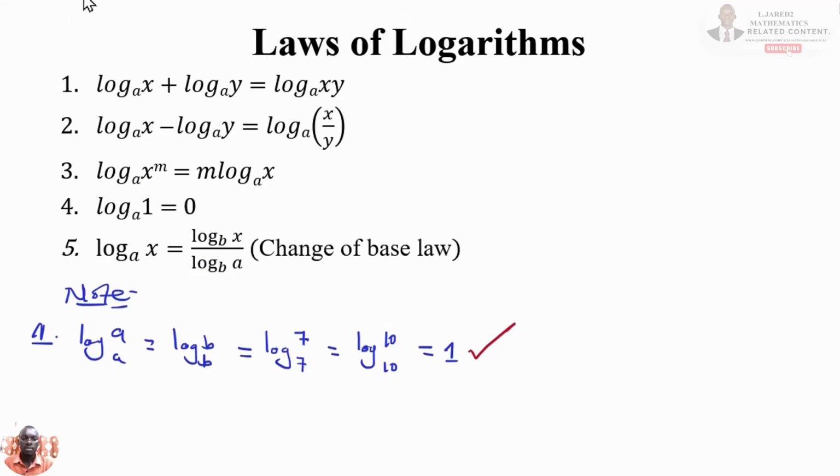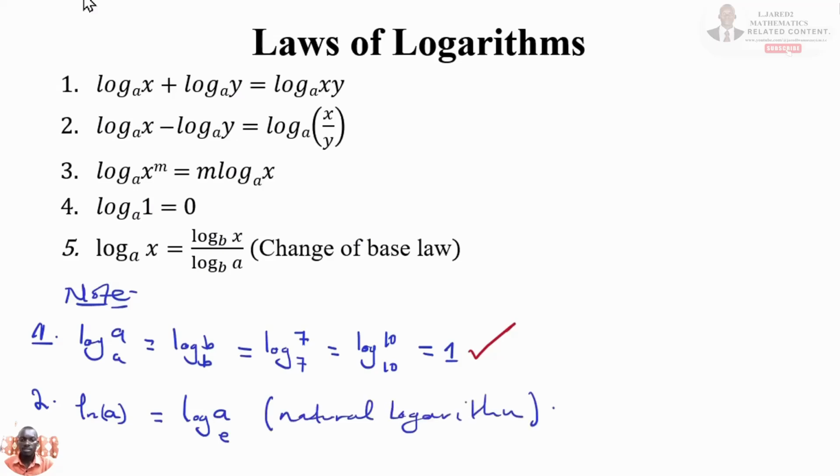We can now have number 2. If I have the log of a positive number to base e, this is the natural logarithm, which is read as the natural logarithm, the same as ln. We can have number 3, also having log of nth root of m to base a.